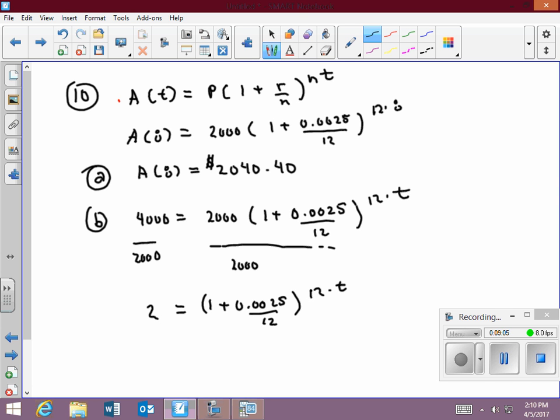So do ln of 2 equals ln of this thing, 1 plus 0.0025 over 12.